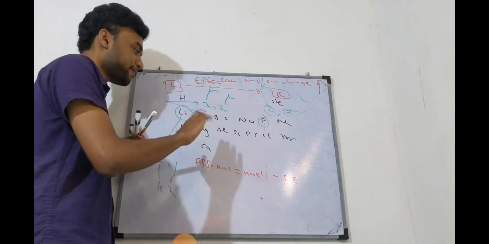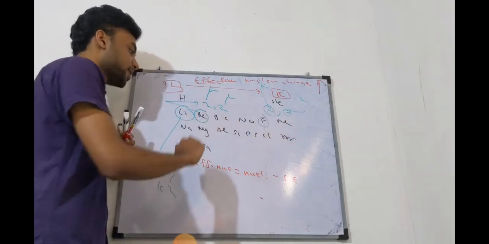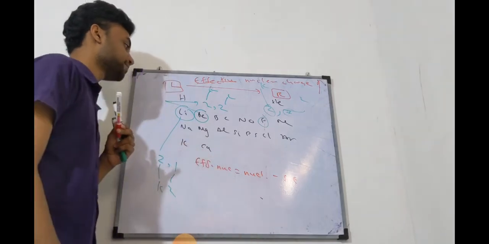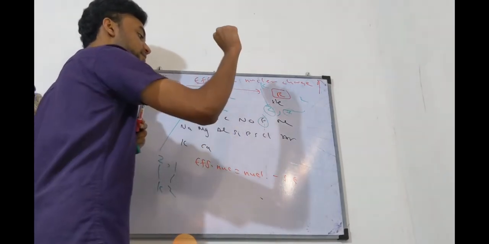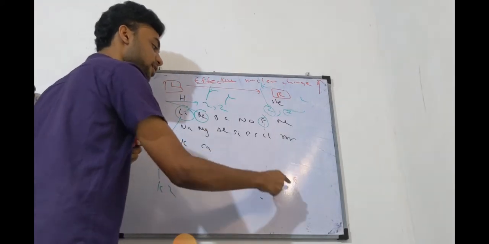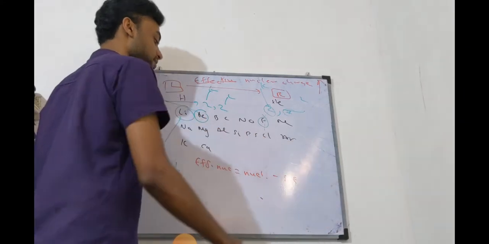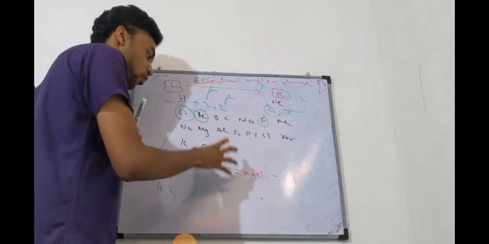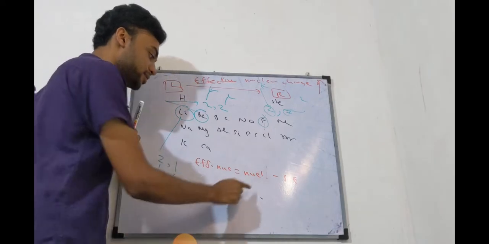Now, can you see when I go from left to the right, what's increasing? Yeah, the nuclear charge is increasing. But the number of electrons are also increasing. Therefore, there's a change in the shielding effect as well. There's an increase in the shielding effect. But what seems to be the determining factor here is the nuclear charge.